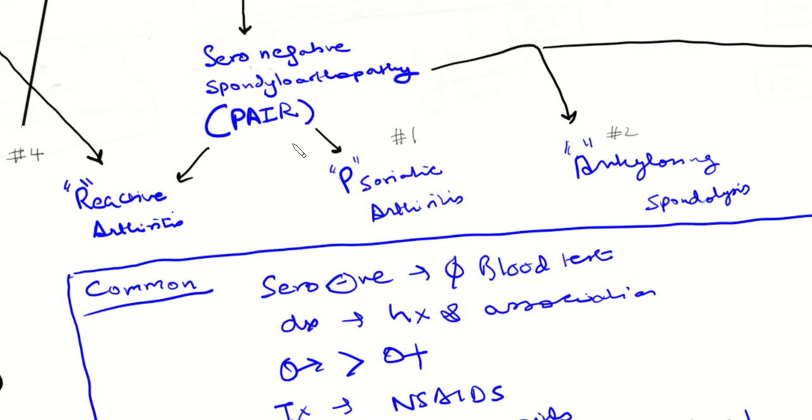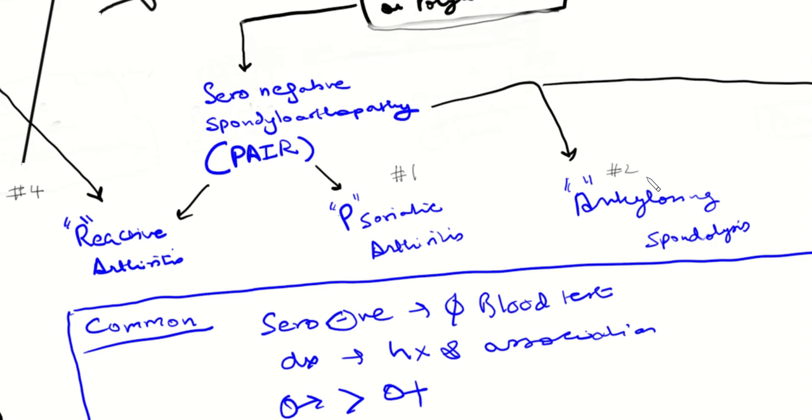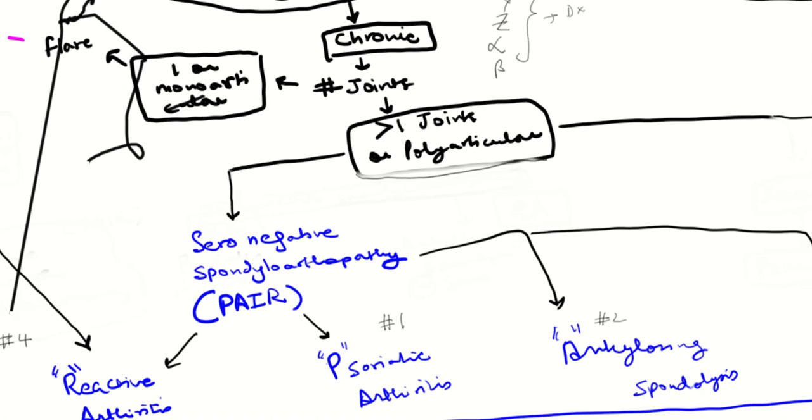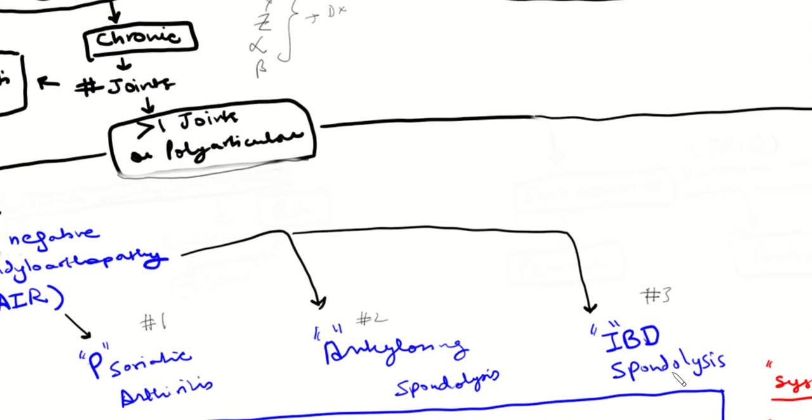And the way to remember it is PAIR. So remember PAIR: P, psoriatic arthritis. So this is a chronic polyarticular arthritis. Ankylosing spondylitis, again, same. It is chronic polyarticular, and so is inflammatory bowel disease.